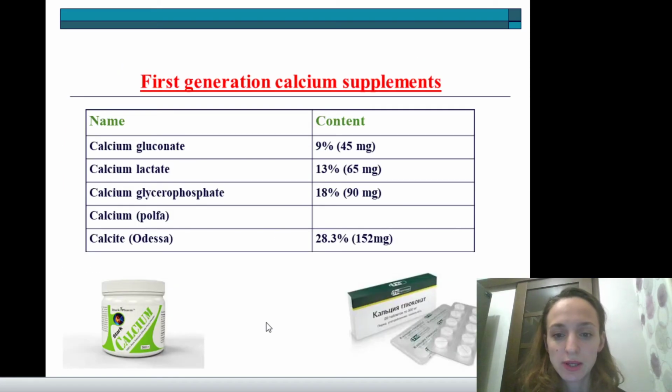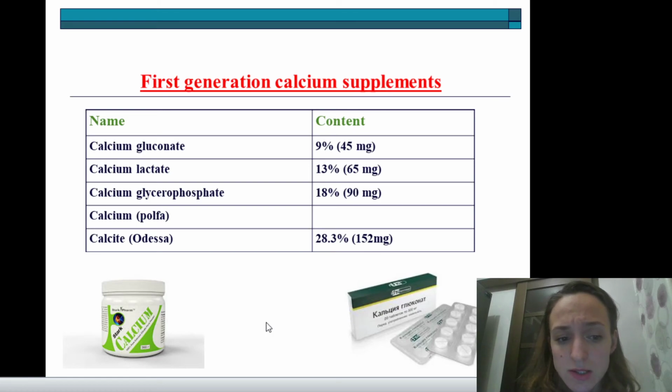First generation calcium supplements, you can see here the name and content of the medication. So first it was calcium gluconate, calcium lactate, glycerophosphate, and the percentage from this medication.